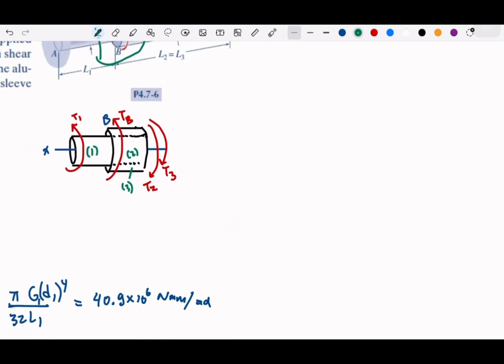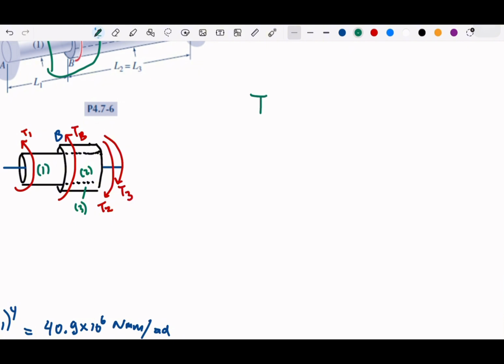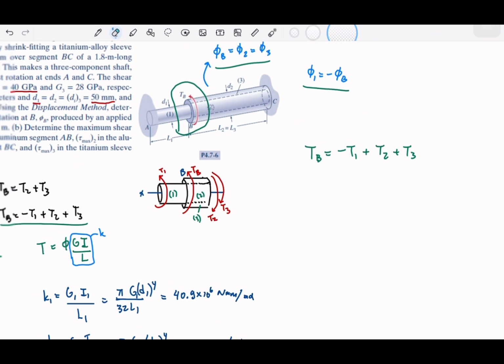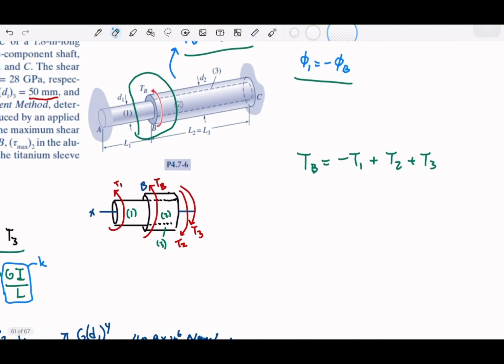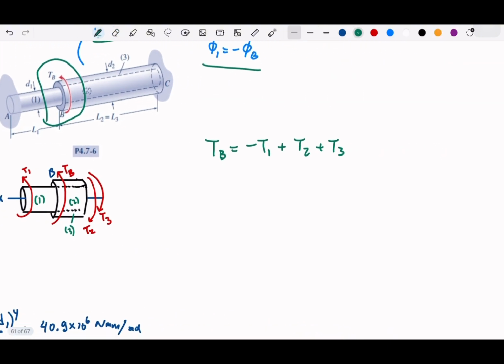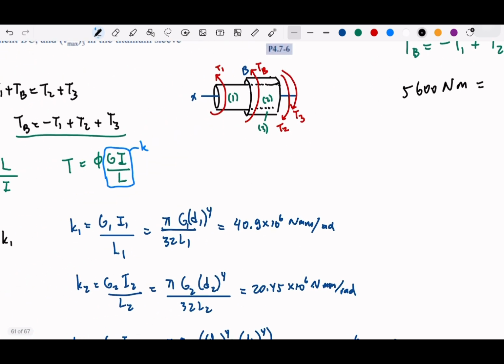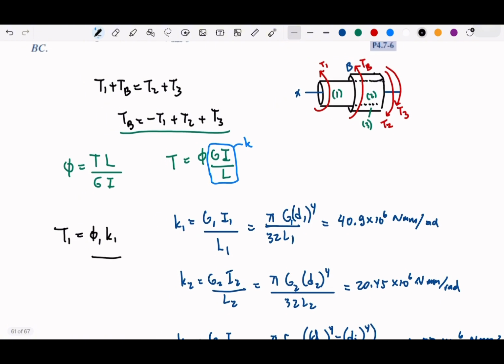So let's say we write TB equal negative T1 plus T2 plus T3. So TB is what? 5,600 Newton meter, and T1 is this.